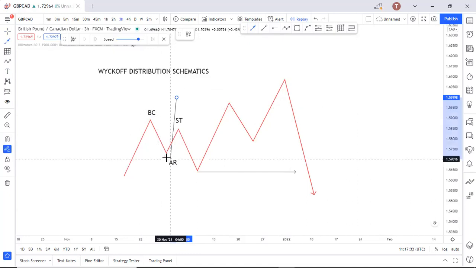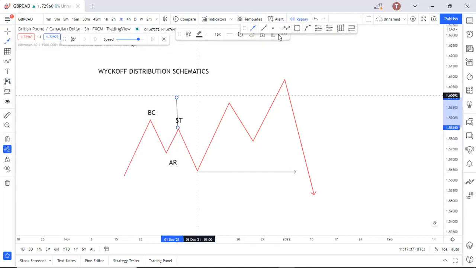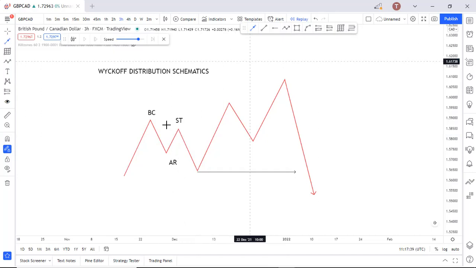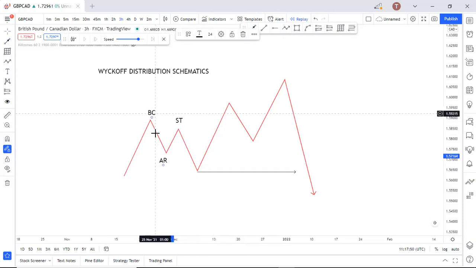Then we move to the automatic rally, then we have the secondary test. The secondary test mitigates the buying climax. That is, it comes back to test the buying climax. It comes back to test the supply zone close to the buying climax.